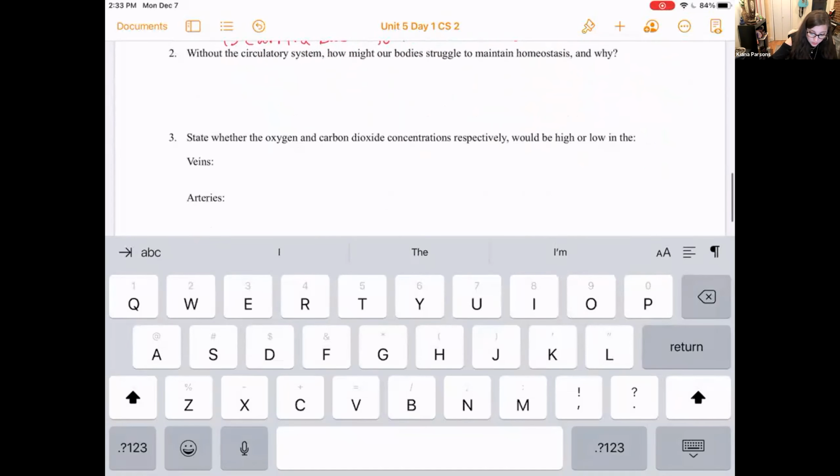Without the circulatory system, how might our bodies struggle to maintain homeostasis? Well, take your pick, ladies and gentlemen. There's quite a few ways.